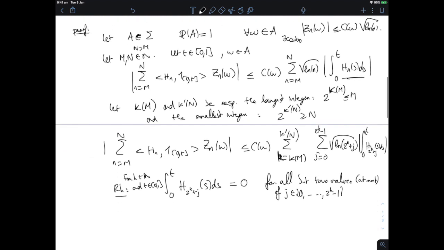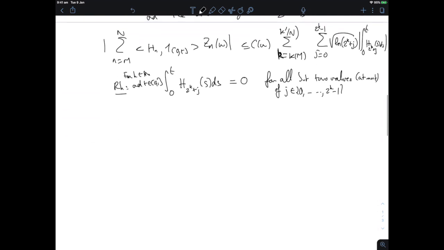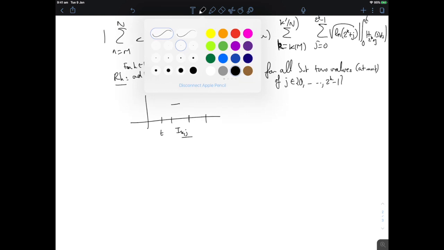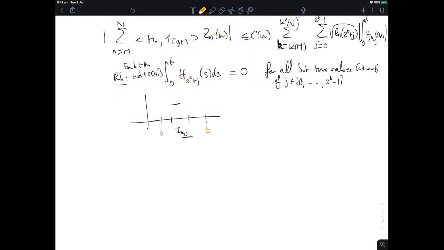And why is that? Well, because of the support properties of the Haar function, and because they have mean 0. This is the Haar function in some interval here that we've denoted by something like I_kj. It's plus 1 on half of the interval, minus 1 on the other half of the interval. But if you integrate it up to a t which is here, then you're integrating 0. And if you're integrating up to a t that is there, then you're integrating something that has mean 0.